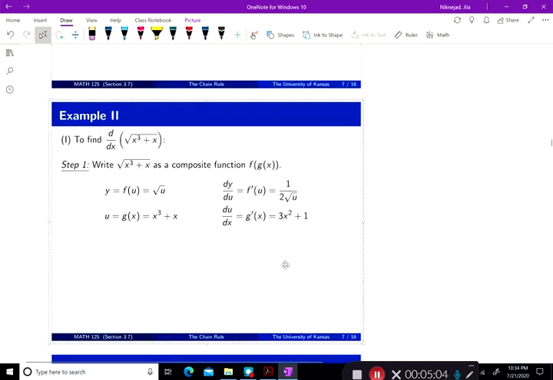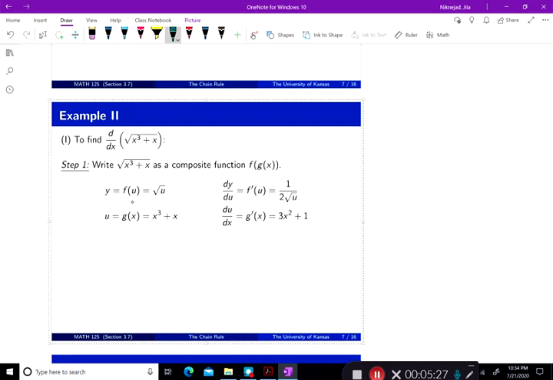And so write it out: y equal to f of u, and f of u is equal to the square root of u, and u is equal to g of x, which is x cubed plus x. Now, take the derivative of each function.